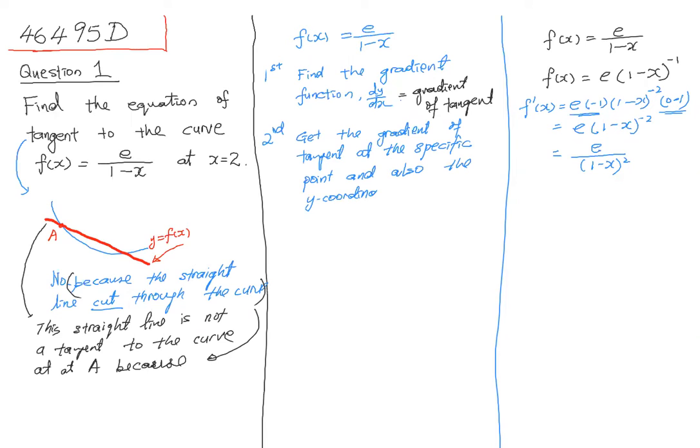If they give you the x and y coordinate, then it's fine. If I'm talking about x equal to a, you have to get the gradient as f prime a, then the y coordinate as f(a). Are you clear? So that is the second step. So we are going to do the second step. So the x is equal to 2.